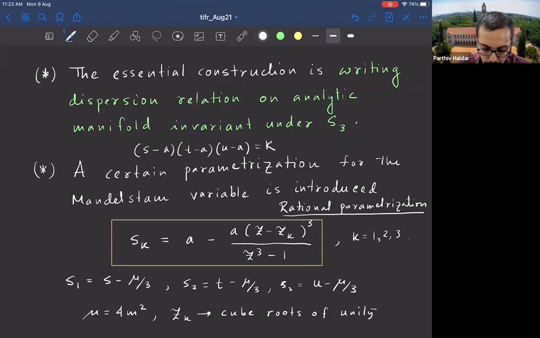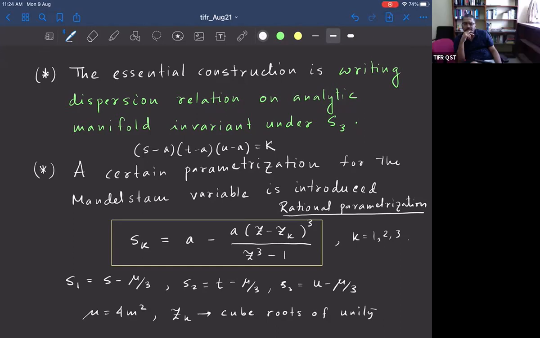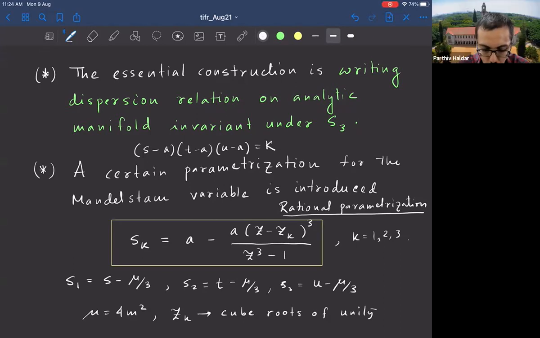So you have in the problem two variables, S and T, so essentially you have C2, and M(S,T) is a function on a C2 manifold. But this is not a single manifold. So here A is the parameter.